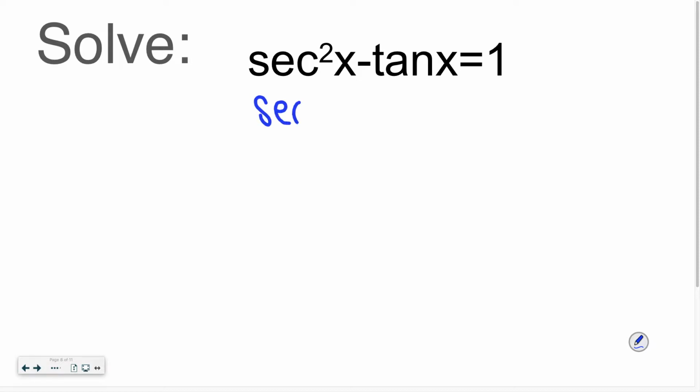Subtracting the 1 is a good start. Okay, we have a quadratic going on, so setting it equal to 0 is good. But there is a problem because we have secant squared and tangent.